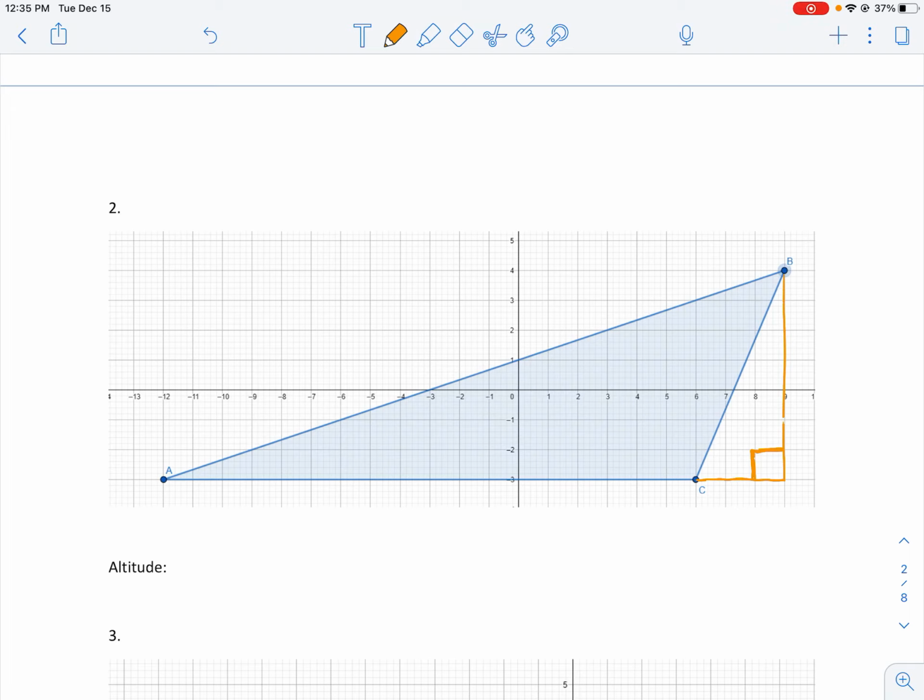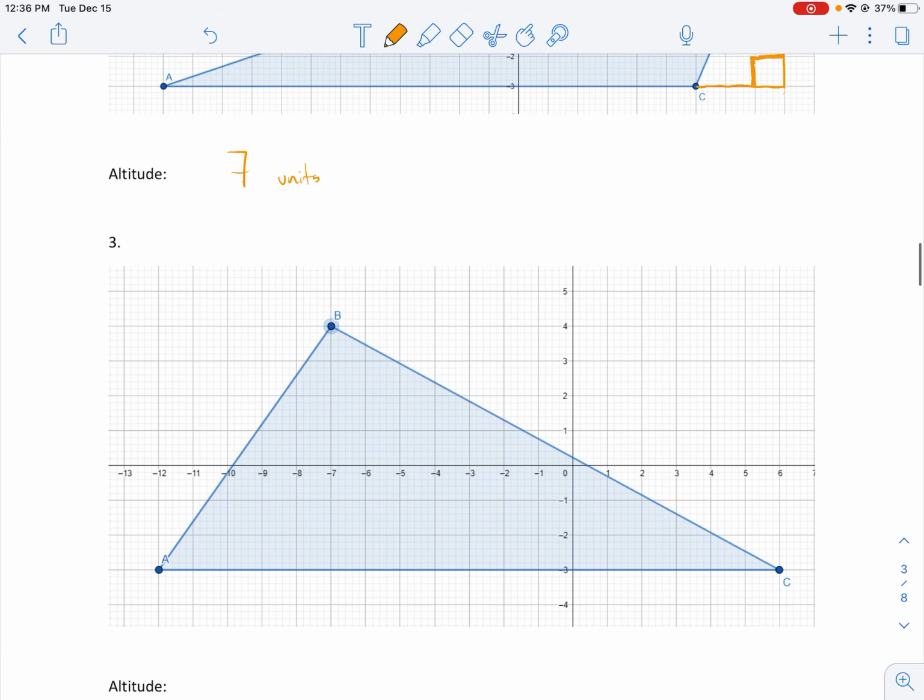So this would be the easiest height I would choose. So I'd go 1, 2, 3, 4, 5, 6, 7. So our altitude is just 7 units. Again, we're just going for the easiest one we could come up with.